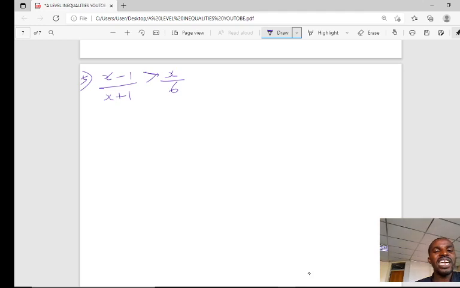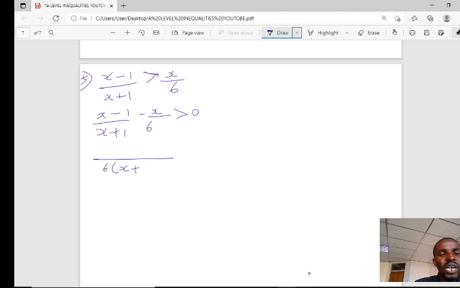Make sure the right side of the inequality is 0. So you have to move x over 6 to the left side. It will be x minus 1 over x plus 1 minus x over 6 is greater than 0. Then put under one denominator, it will be 6 times x plus 1. That's the common denominator.